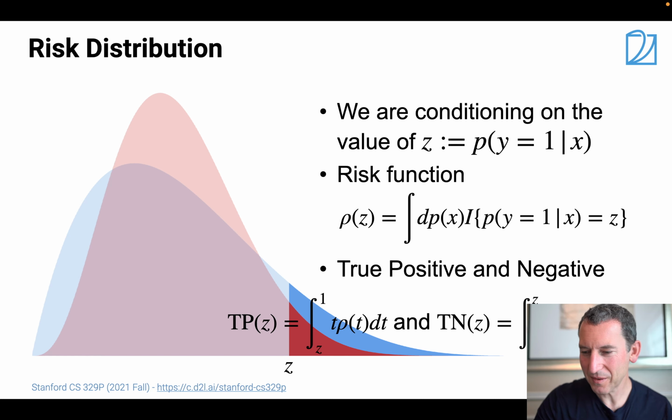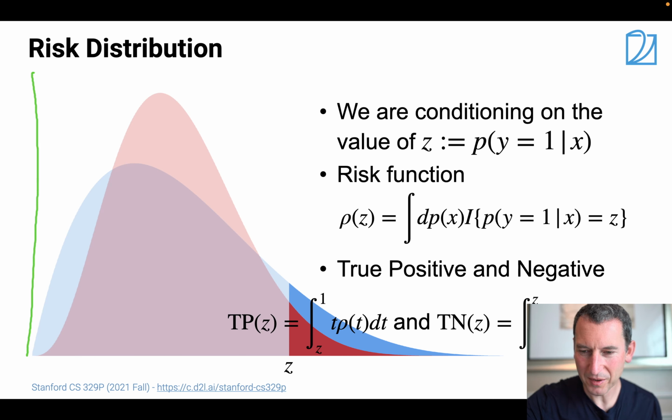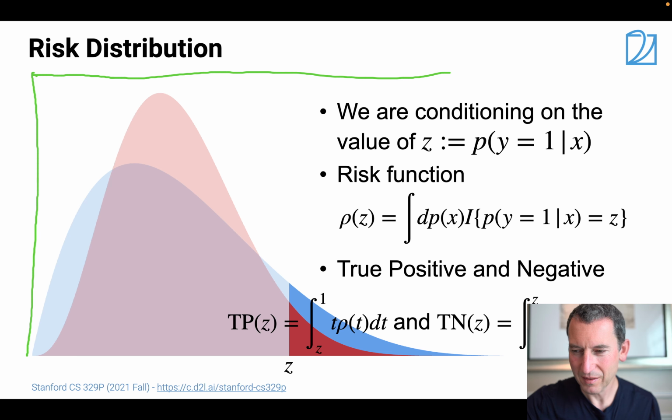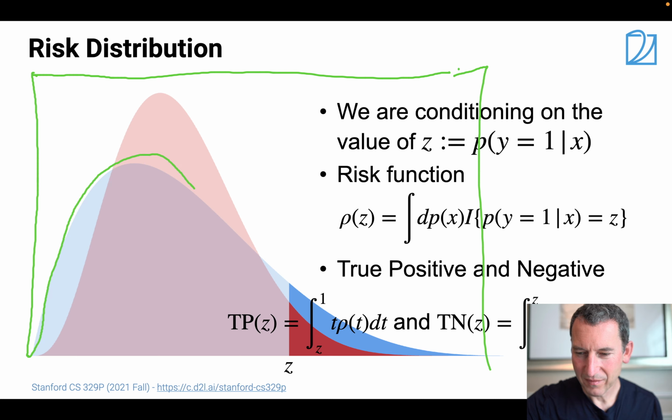The true negatives are just the guys up here that survived, right? So correspondingly, if you were to draw this, for the blue curve, this will be the corresponding integral.